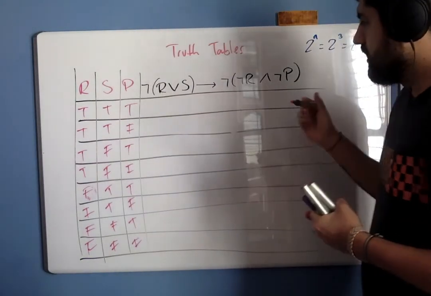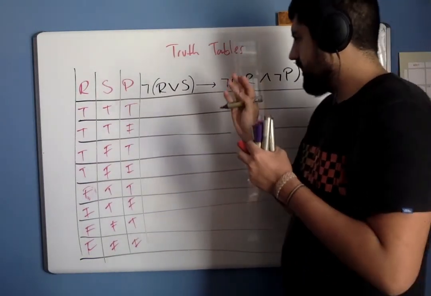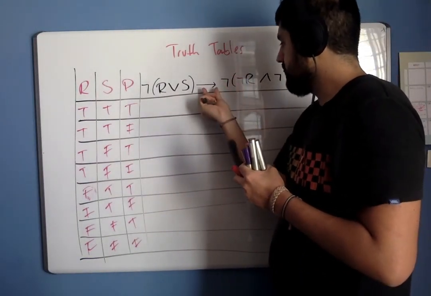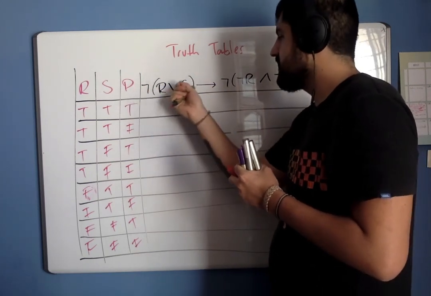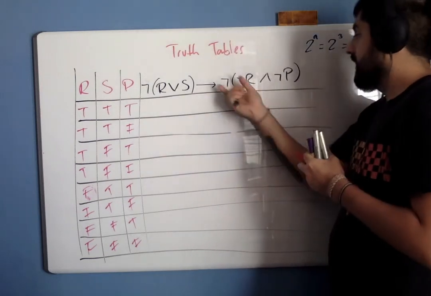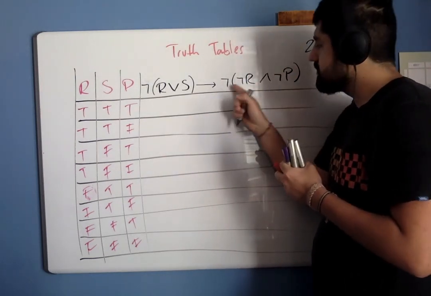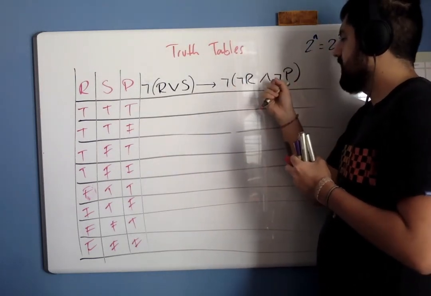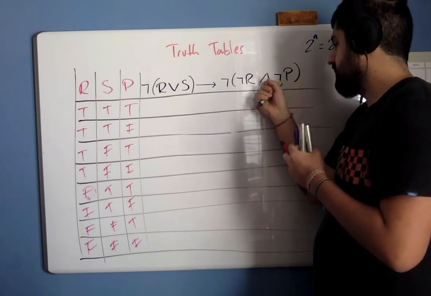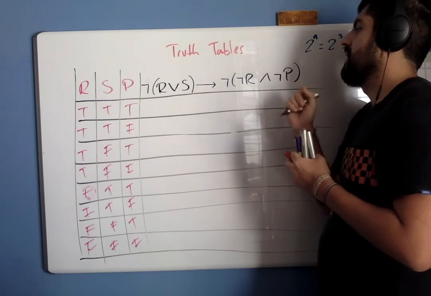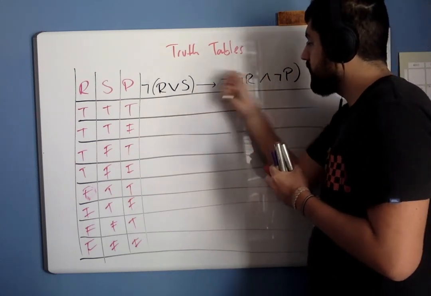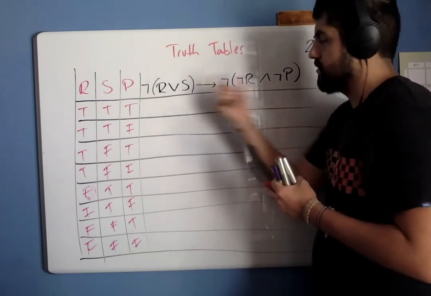connective, okay? So in this case, as you can see, this conditional is linking this whole expression, this negation of this inclusive disjunction, with this whole expression, this negation of the expression conformed by the negation of R, the conjunction, and the negation of P. So this is linking both expressions, or both negations actually, yes?